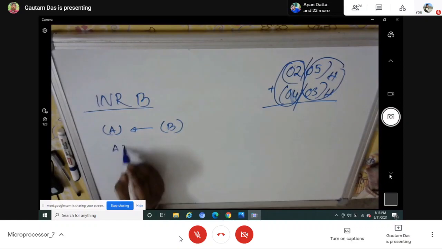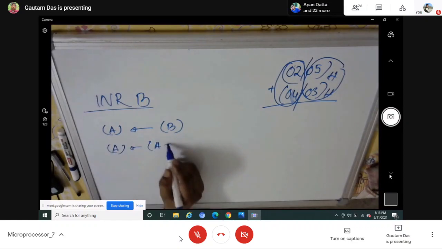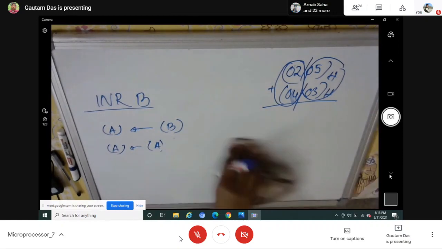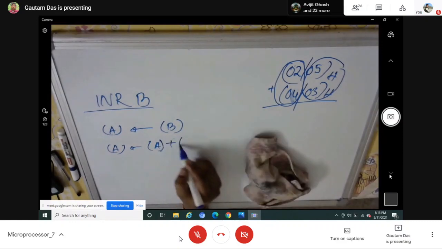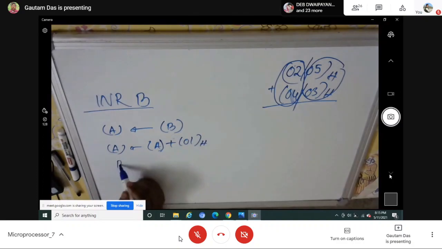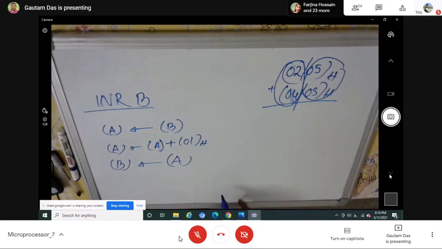Then A will become A plus 1. This operation will be performed. Internally, you can see this addition operation is actually performed at A, and after that the content of the accumulator is moved into B. That's why you find B becomes B plus 1.